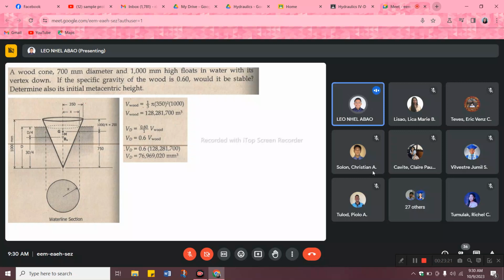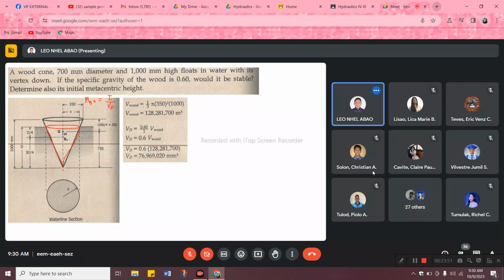For example, this is a circular section, so we use the equation MBO is equal to I over VD. VD means volume displaced or volume submerged. The water is here, so the volume displaced or submerged is this volume, class. This is our volume of concern.